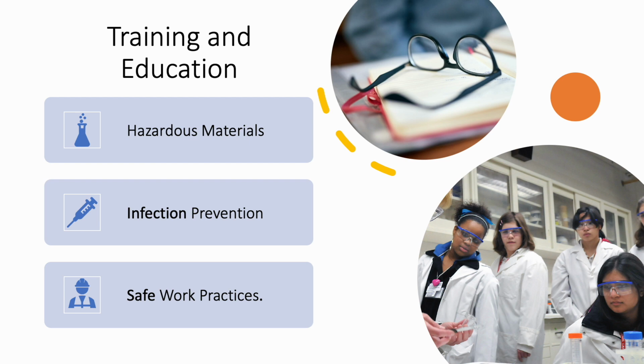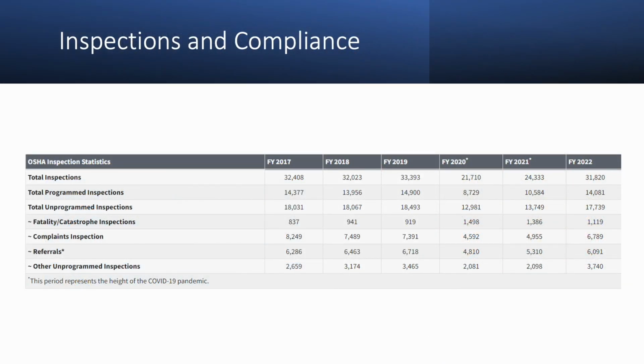To keep us on our toes, OSHA conducts inspections of healthcare facilities to ensure compliance with safety regulations. In 2022, OSHA did over 31,000 inspections, scheduled and unscheduled. And out of the 31,000, there were over 6,000 that were from complaints.